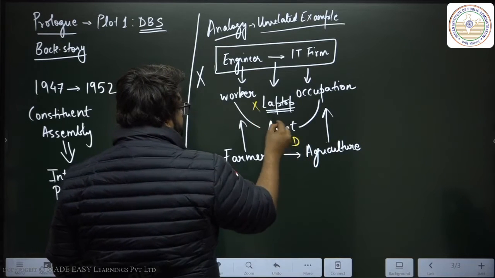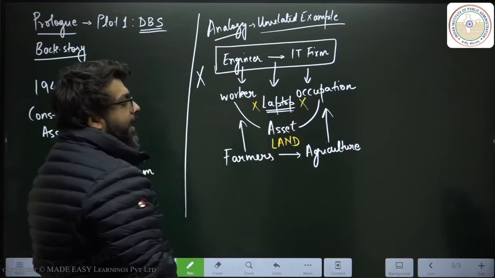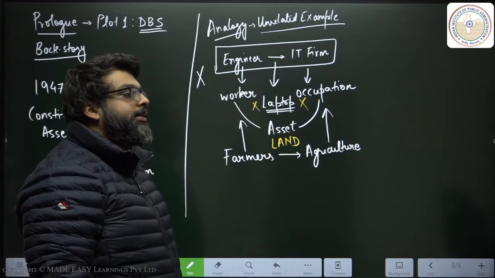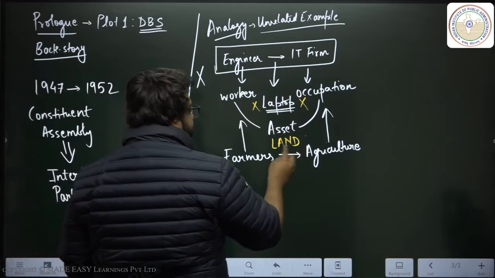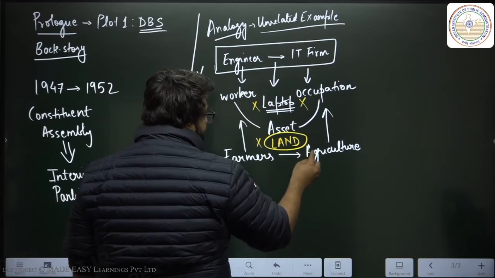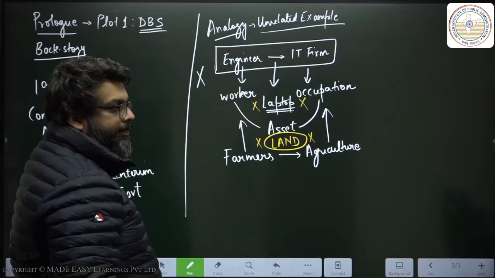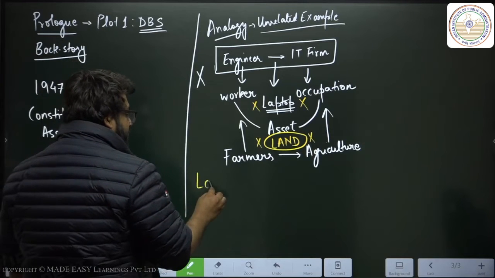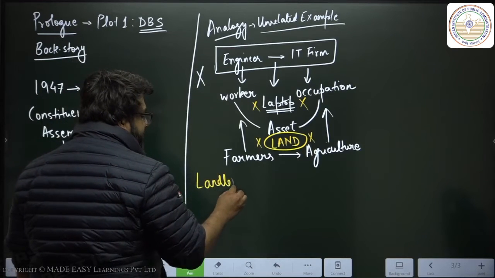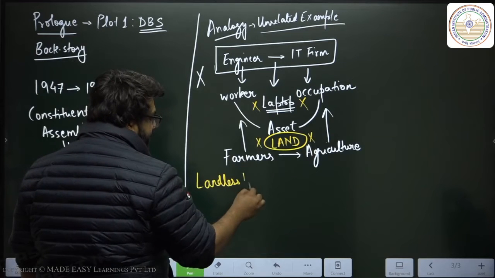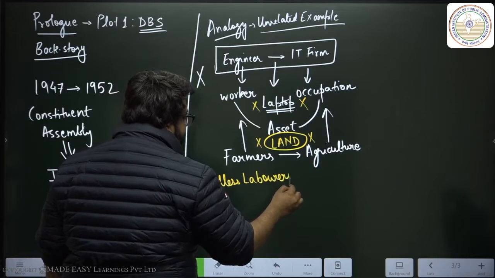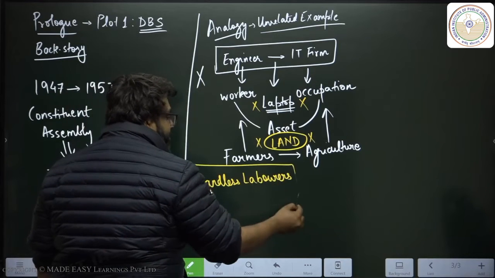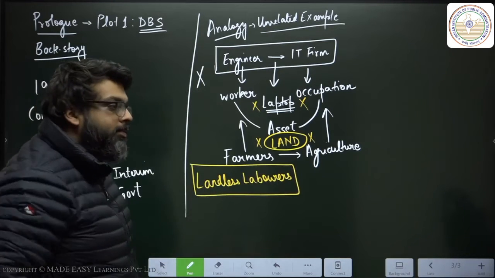And unlike here, where every engineer is getting some form of a laptop, every farmer does not have access to land. And therefore, landless farmers or landless laborers are a dark reality as India is born into independence.